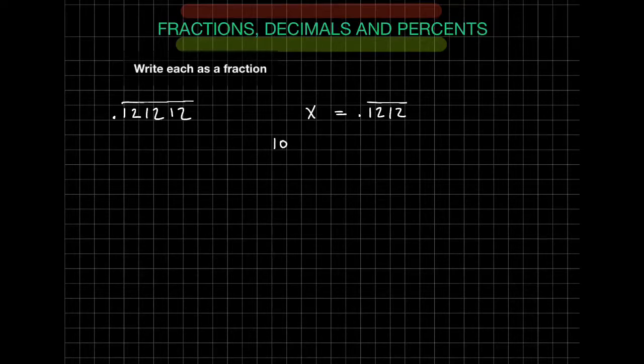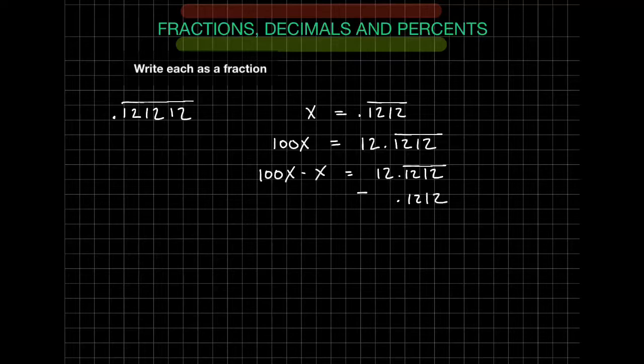So 100x equals 12.1212, repeating. So 100x minus x equals 12.1212 minus 0.1212. So we get 99x equals 12. So x equals 12 over 99.